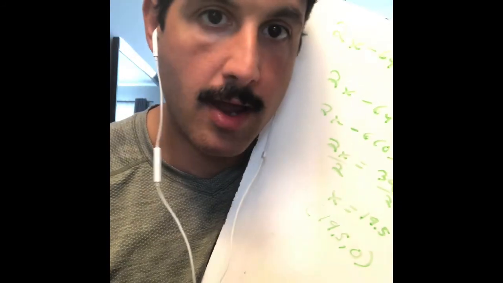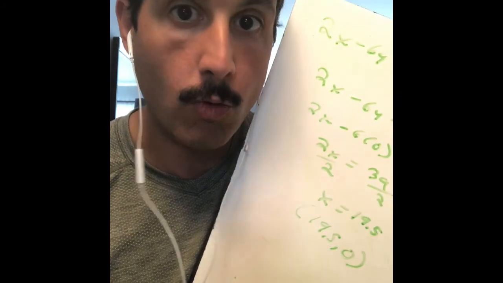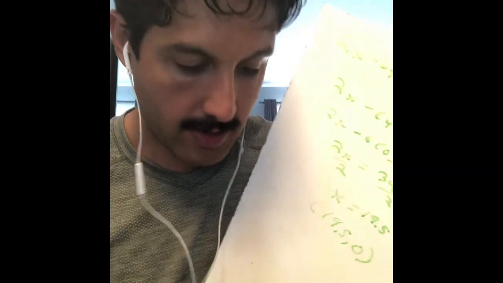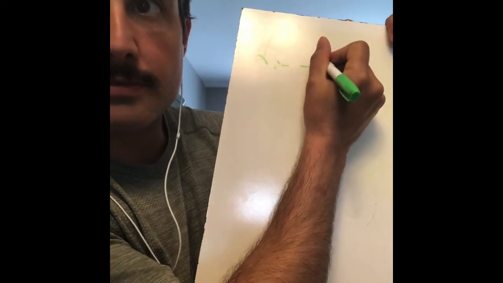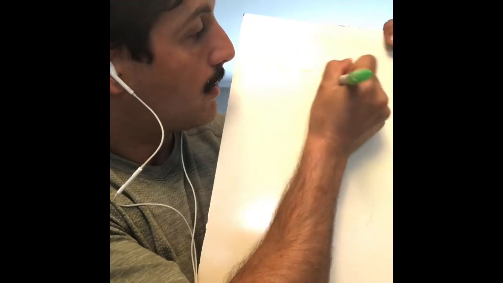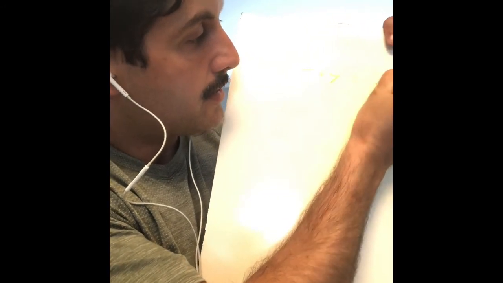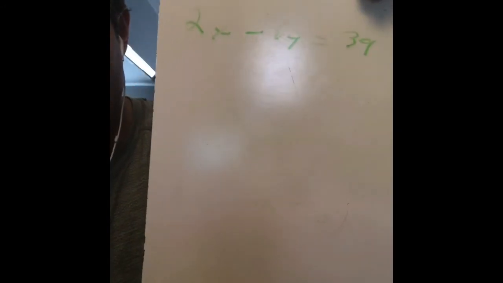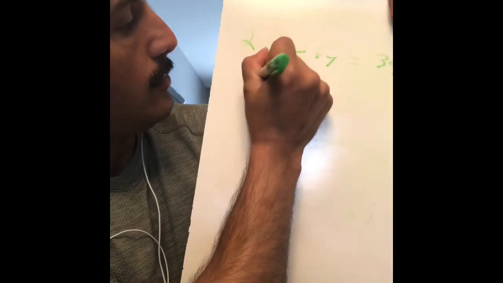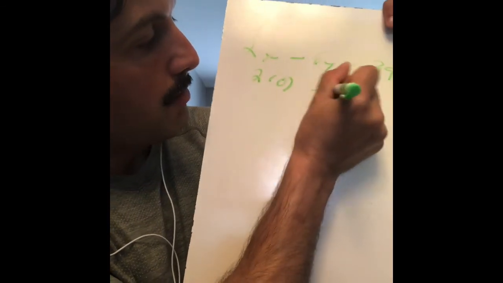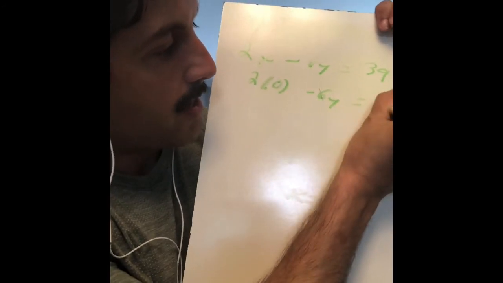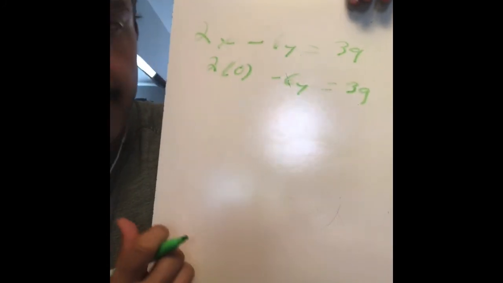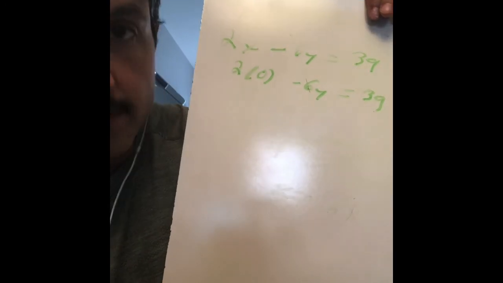And I need to find my y-intercept when x is equal to 0. So I'm going to do that now. 2x minus 6y equals 39. 2 times 0 minus 6y equals 39. 2 times 0 is 0.